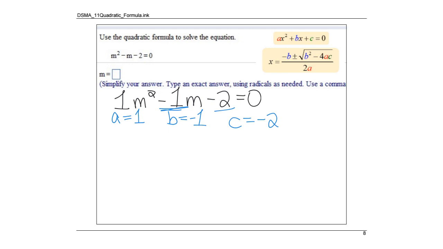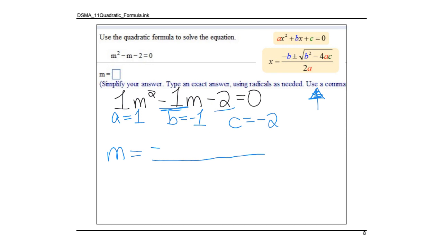Now we have to substitute that into the formula up here. The whole thing is a giant fraction. Sometimes students forget to make the whole thing a fraction. If you're going to put it in your Casio, you're going to hit the fraction key first. The very first thing we're going to do is -b.